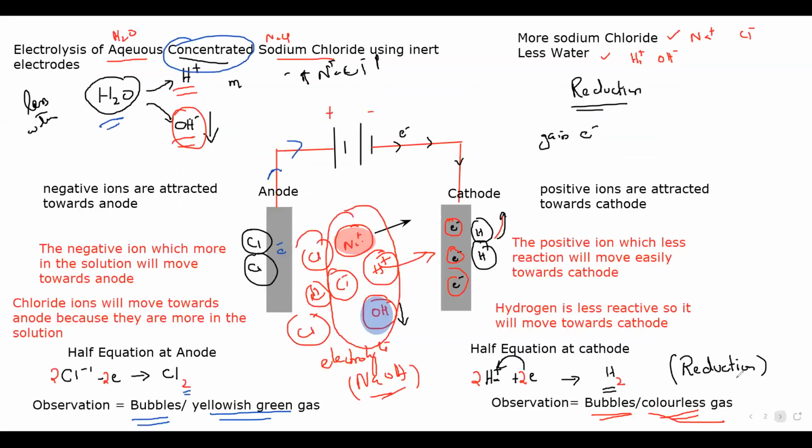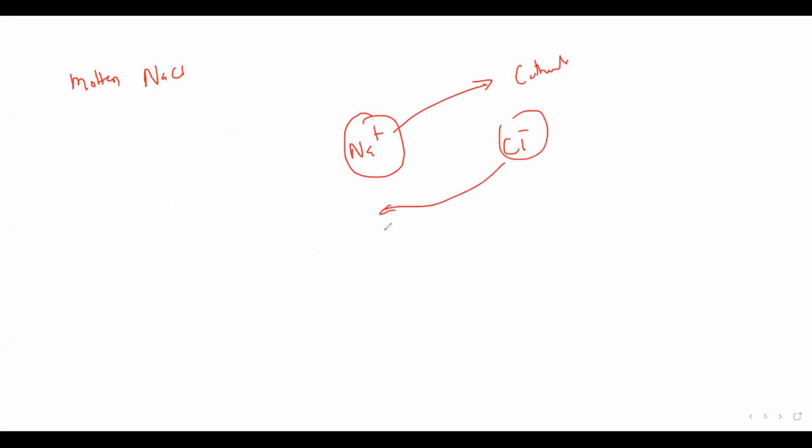In a molten substance, you don't have to check the reactivity, because molten sodium chloride only contains one positive ion and one negative ion. That's why the sodium ion was moving towards the cathode and chloride ion towards the anode.